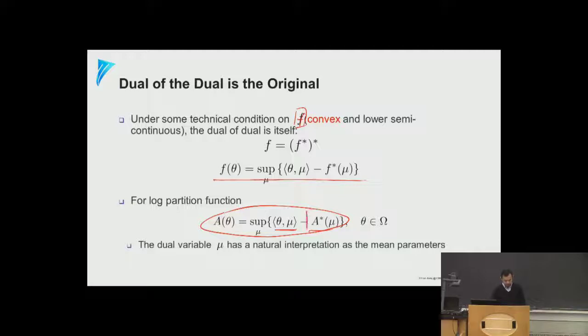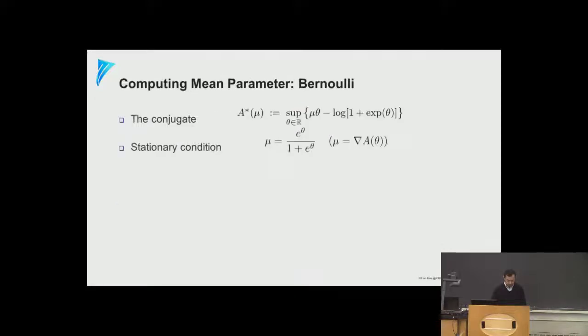Now we need to know how this looks, otherwise we cannot do it, right? In this case, the dual parameter mu has this natural interpretation of being the mean parameters, in the following sense.